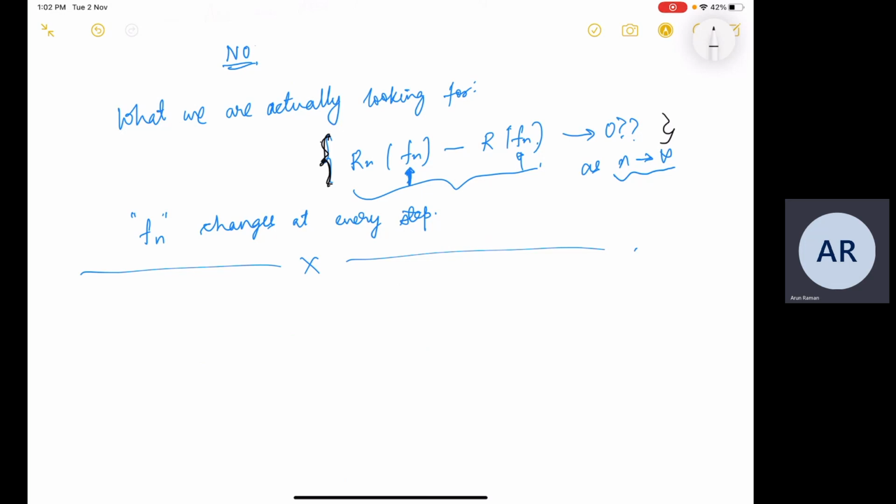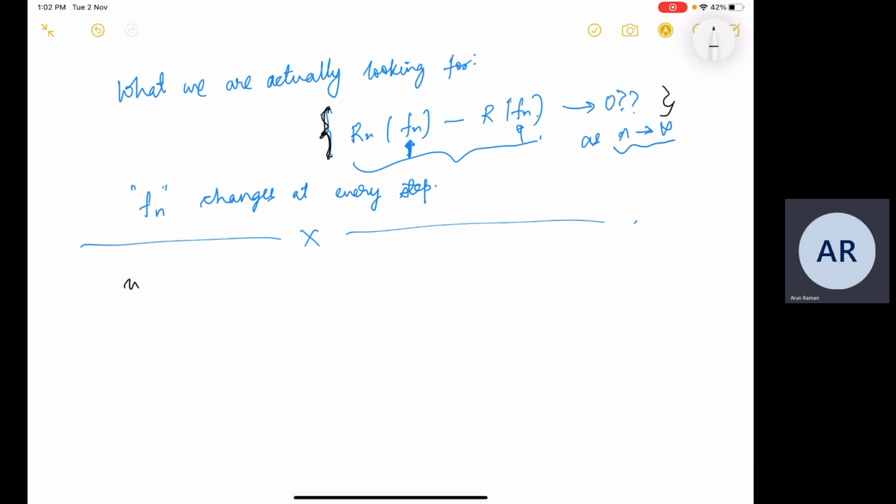So one way to circumvent this problem is to stipulate that it should work for all functions in script F. We want the empirical risk to be a good approximation. So this is our objective.